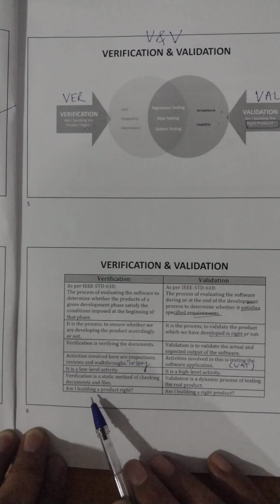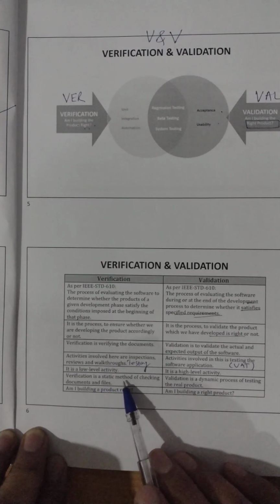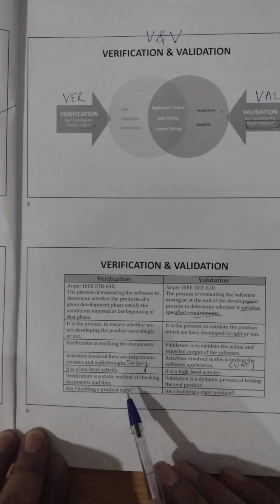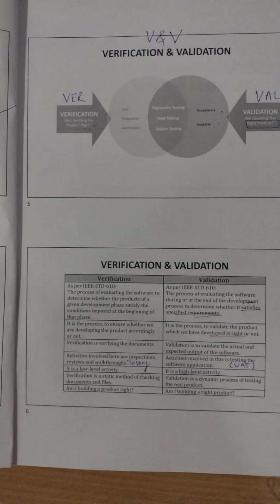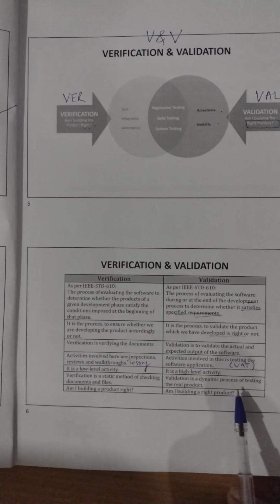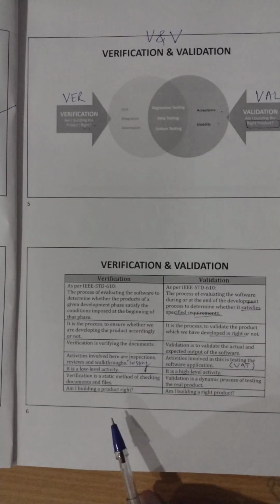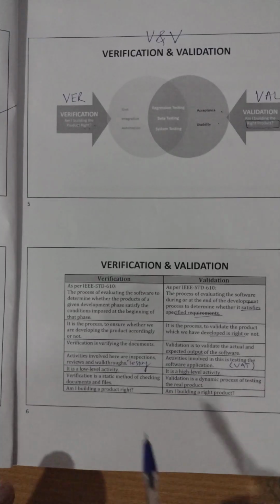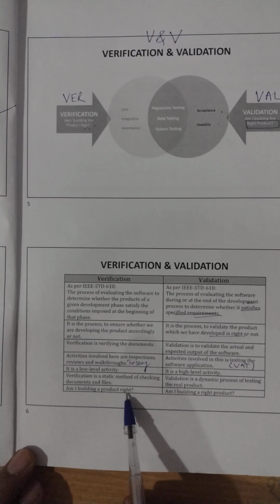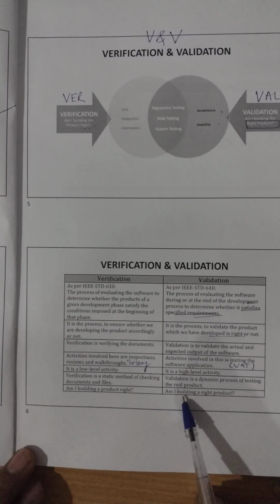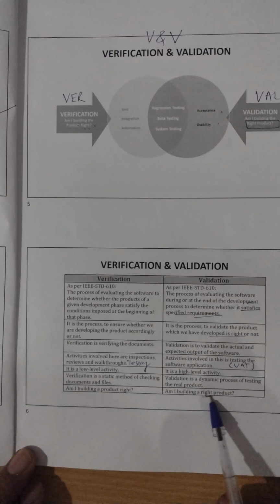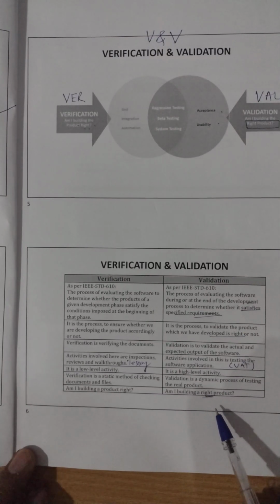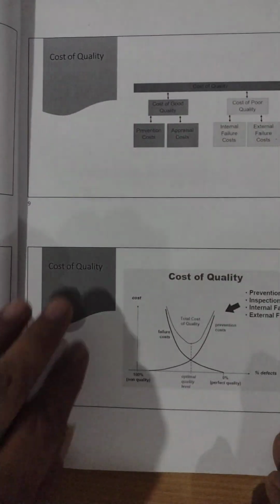Verification is a static method of checking documents and files, and validation is a dynamic process of testing the real product. Verification, as we have seen, asks am I building the product right? Validation asks am I building the right product? So here we have the right product, and here also we have the right product.